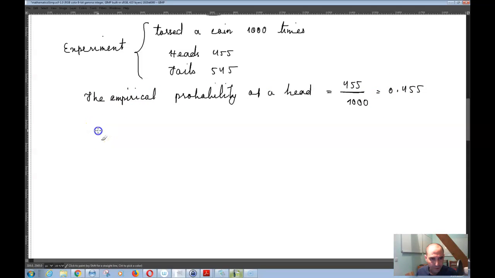And the empirical probability of a tail would be, based on the same logic, 545 divided by 1000, which is 0.545.